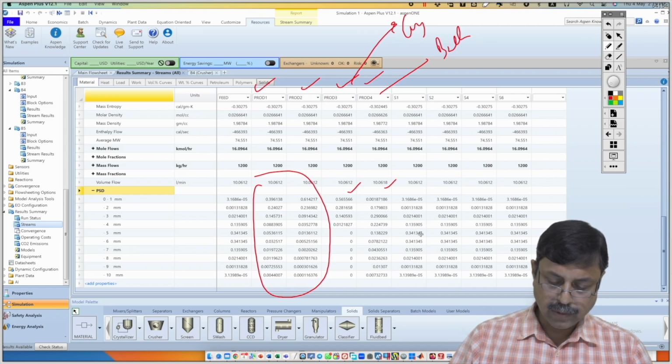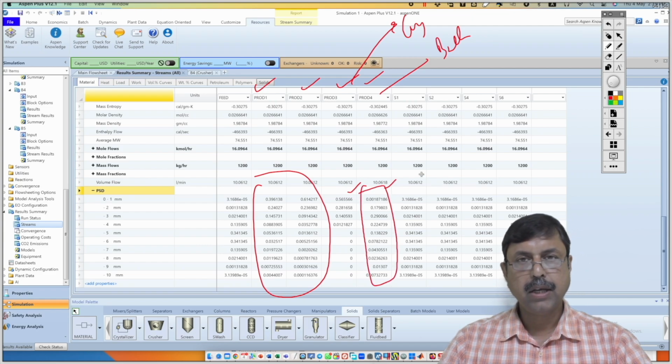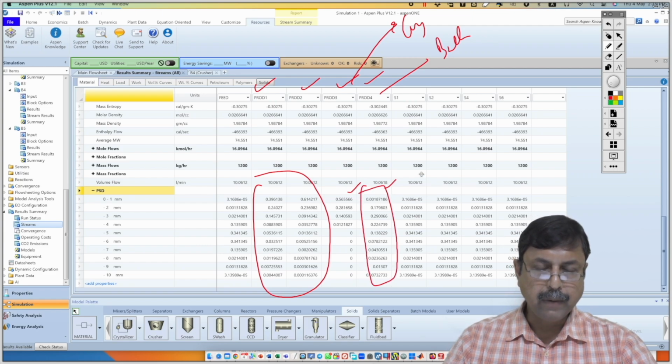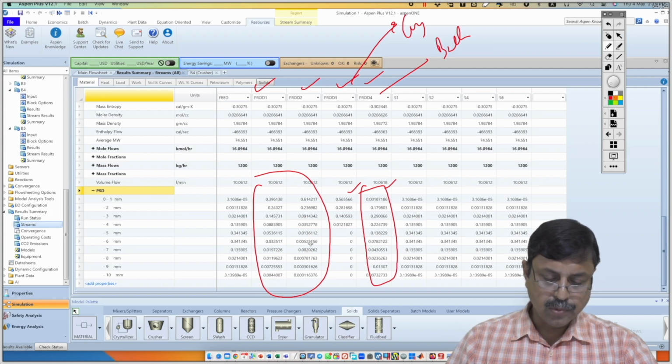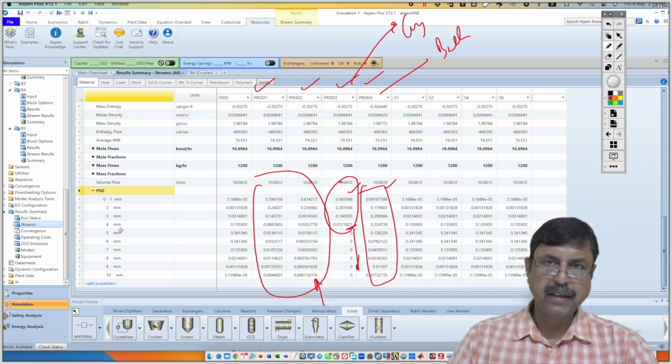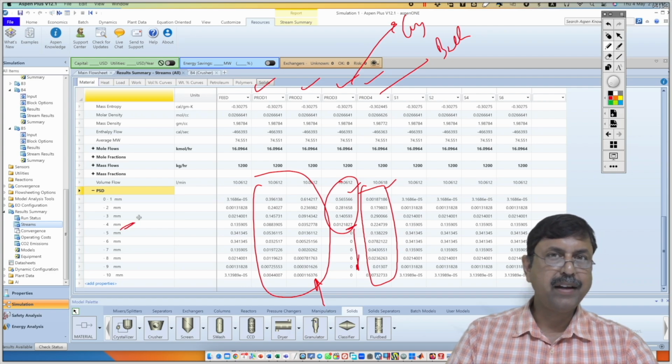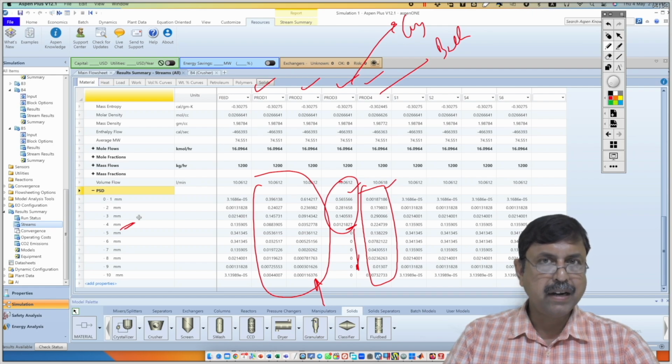Now, as you can see, the ball mill performance is not that good because it has used only 0.5 kilowatt of power as opposed to 2 kilowatt of power that was used for product 2. And product 3, you can see that there is no fraction of solid above certain range, because here we have set certain maximum particle diameter.